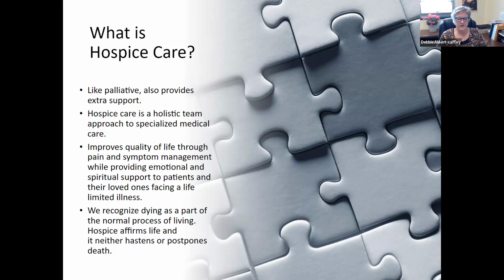Hospice affirms life and neither hastens nor postpones death. Unfortunately, hospice is underutilized, and in many cases we get referrals when someone is in crisis, very ill, symptoms are out of control, and the family is very stressed. It would be great if patients and families thinking about hospice would call us and we can come out and assess the situation and make recommendations.